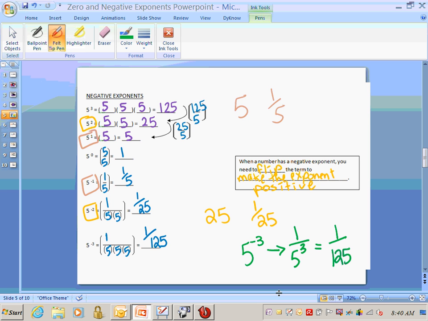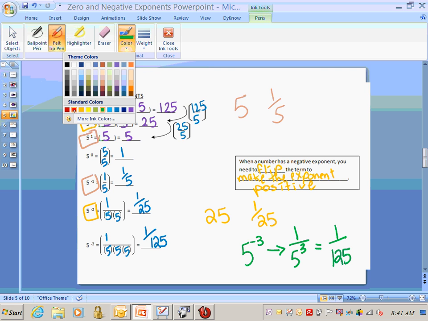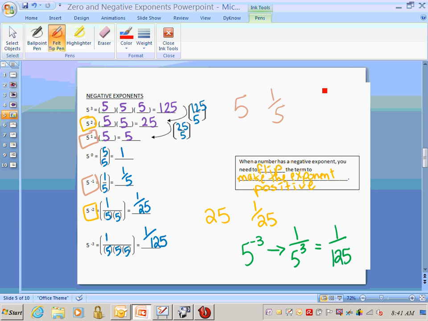So if we have negative exponents, we want to move it to the other side of the fraction. We want the reciprocal. If my reciprocal is on the bottom, okay, let's grab another color. Let's say I had 1 over 5 to the negative 2. The reciprocal of this would be 5 to the positive 2 over 1. Or you don't really have to write the 1, right?